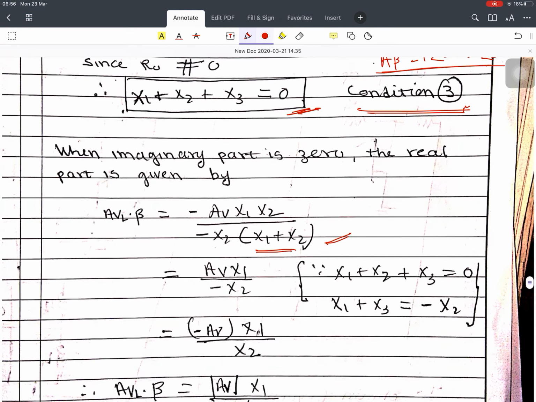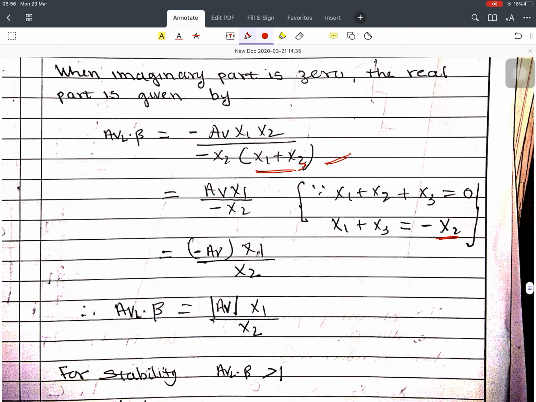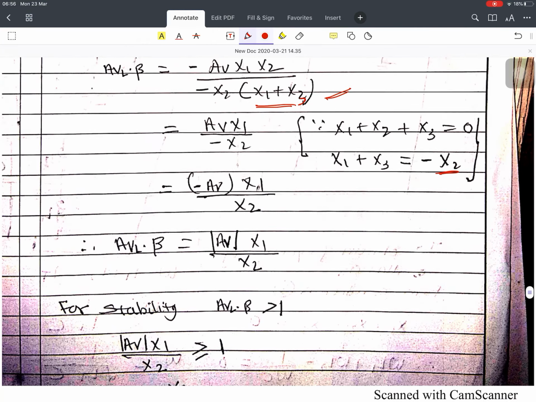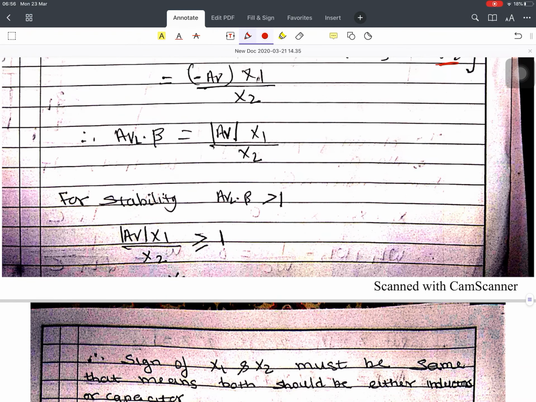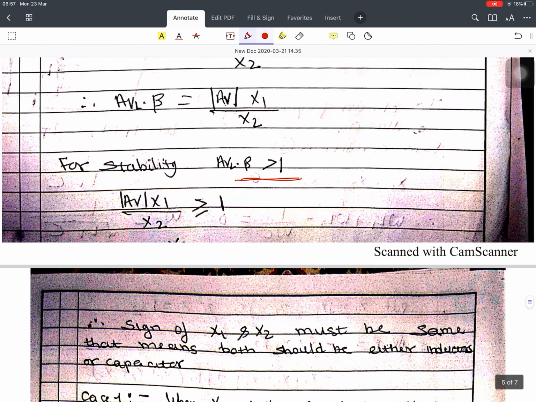There is a correction: this is x3, x3 as minus x2. When you do that, you will get this minus gain. You write the mod of gain, so you get this condition. And for stability, AV into beta must be 1. So you get AV, this right hand side, AV into x1 by x2 must be greater than 1.